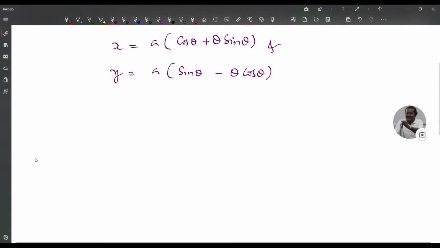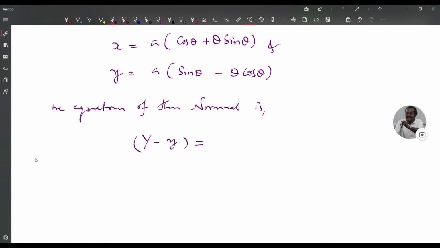We have the equation of the normal is y minus little y equal to minus dx by dy into x minus little x. So we have to find minus dx by dy.